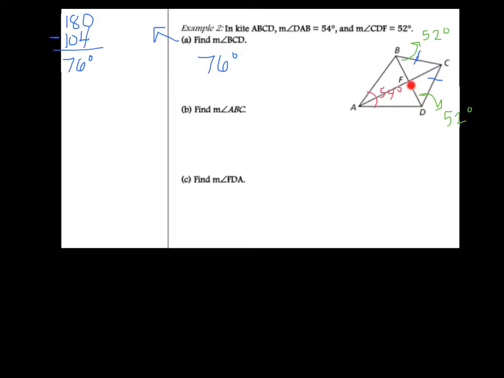So those are congruent by side, angle, side. What that tells me is that these two angles have to be congruent. So can't I just take 54 and divide by 2 to find the measure of each of those angles? So I'm doing 54 divided by 2, and that gives me 27 degrees. That's the measure of FAD, and that's the measure of angle FAB. So I just bisected angle BAD.